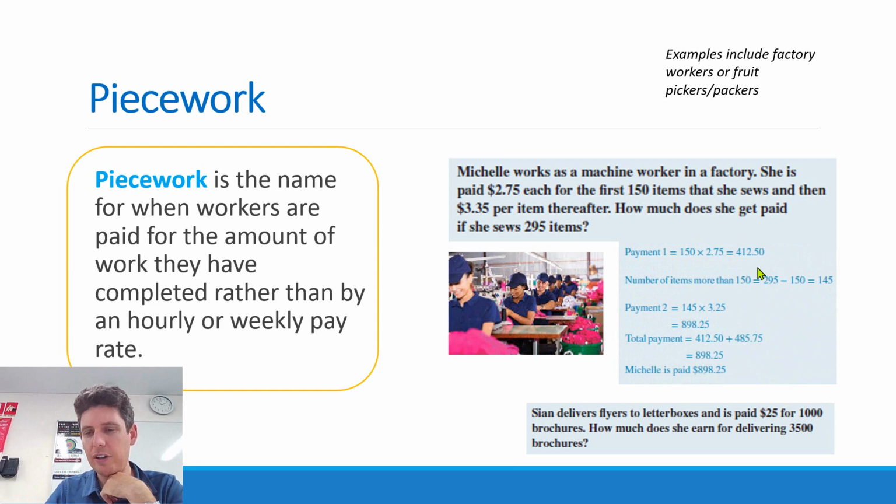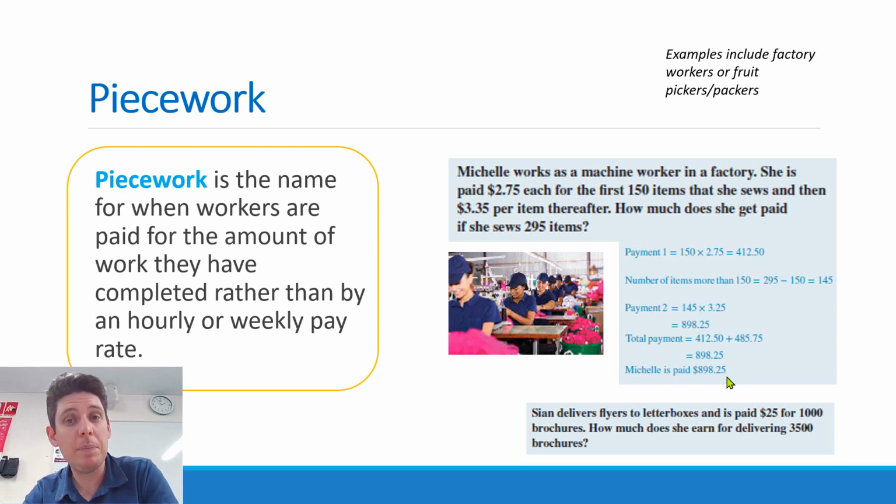So you can see here, very similar to the last example. Payment 1, and then she made another 145 of these items. I don't know, let's call them shirts. And then you pay her $3.25 for all of those 145 shirts and add them together.